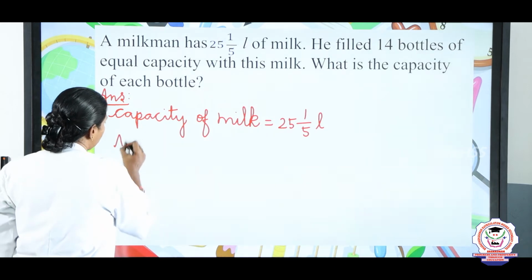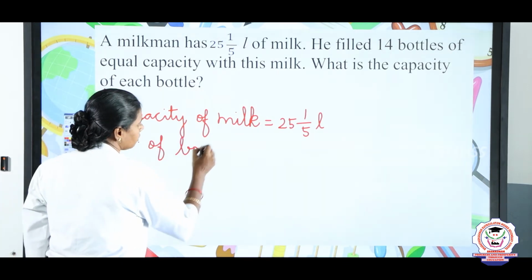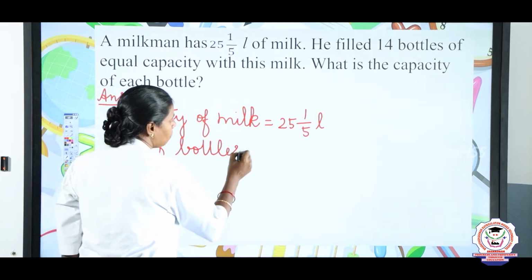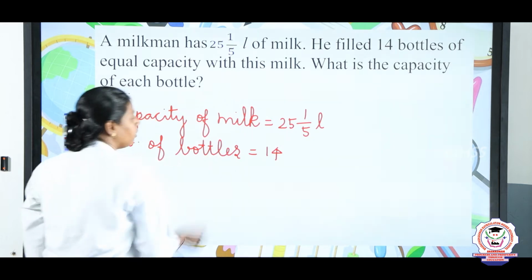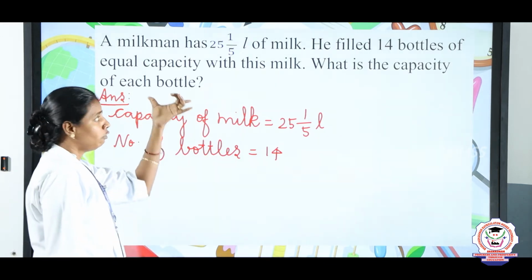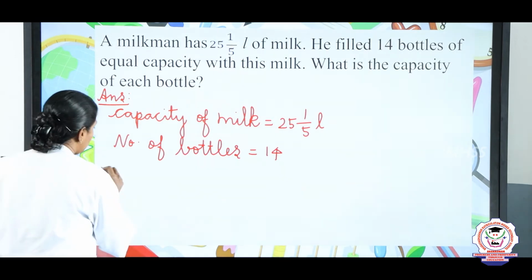So, number of bottles is 14, and it is going to be divided into 14 bottles. So, what is the capacity of each bottle is the question.